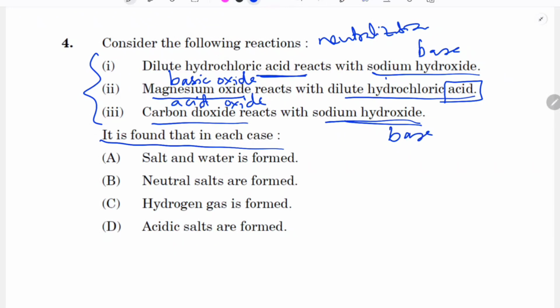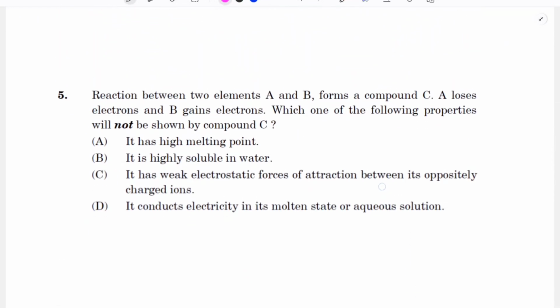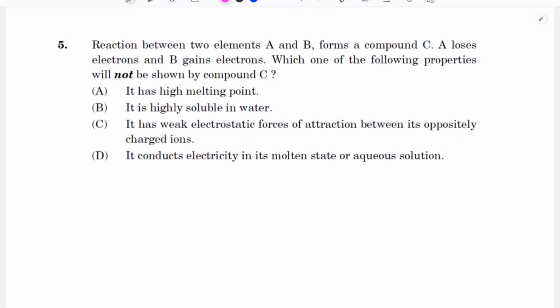Now, in all these 3 cases, that is, when acid reacts with a base in the first one, in the second case magnesium oxide, that is basic oxide, reacts with acid, and in the third case, acidic oxide reacts with the base, in all these 3 cases, salt and water is formed. So that is the correct answer. Now going to the fourth one.